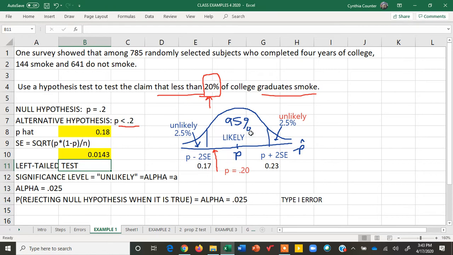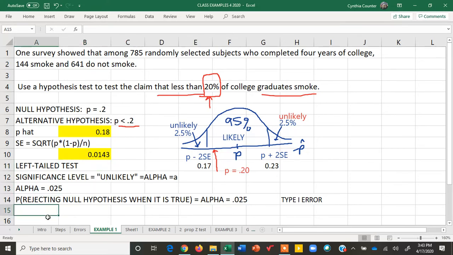We see that the middle 95% is between 0.17 or 17% and 0.23 or 23%. The 18% falls in this likely region. Therefore, we cannot reject the null hypothesis. Instead, we support the null hypothesis.